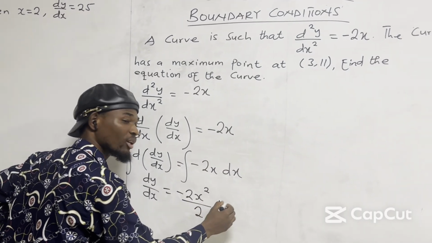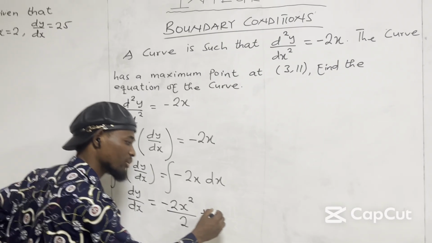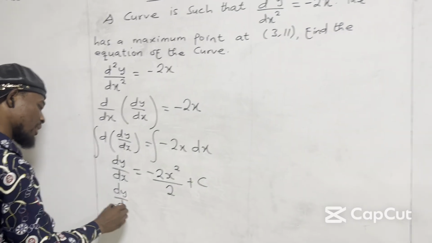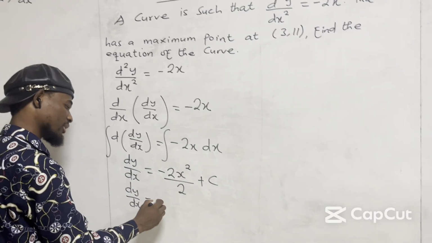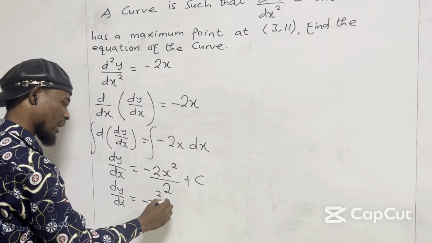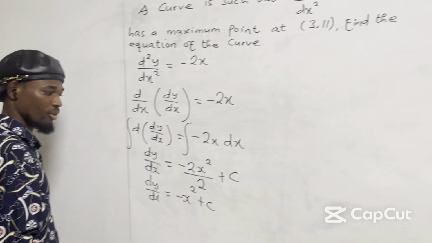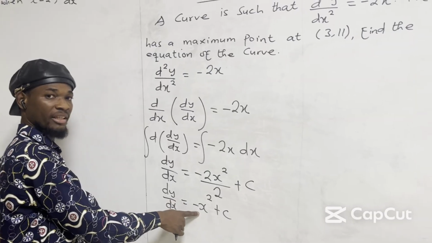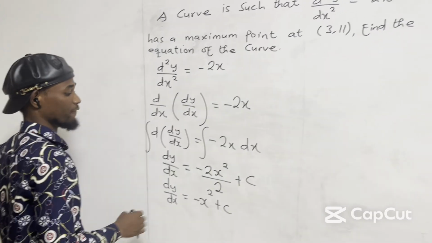Then plus the constant of integration, which is your c. So I have dy over dx is equal to negative x squared plus the constant of integration. 2 cancels 2, leaving negative x squared.